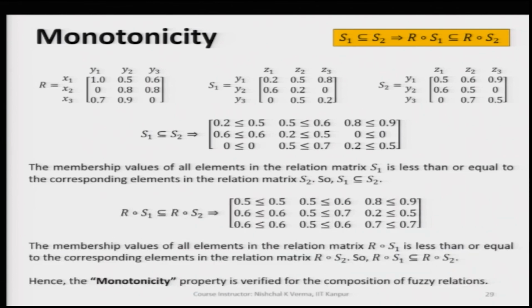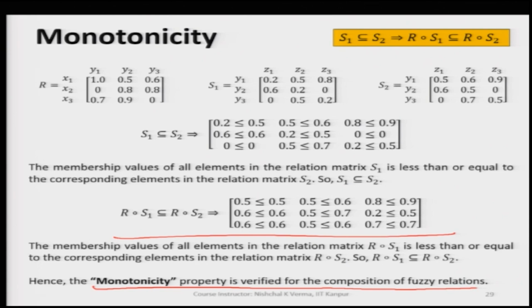So, when all the elements of R composition S1 are either less than or equal to the respective elements of R composition S2, we can say that the monotonicity property is verified for the composition of fuzzy relations.